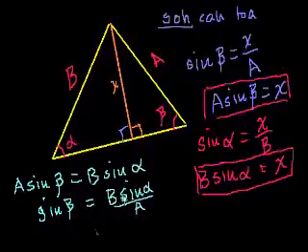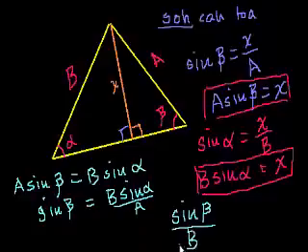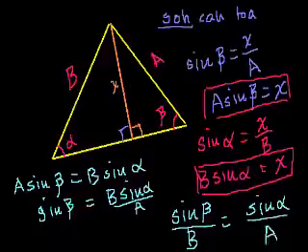And if we divide both sides of this equation by B, we get sine of beta over B is equal to sine of alpha over A. So this is the law of sines.